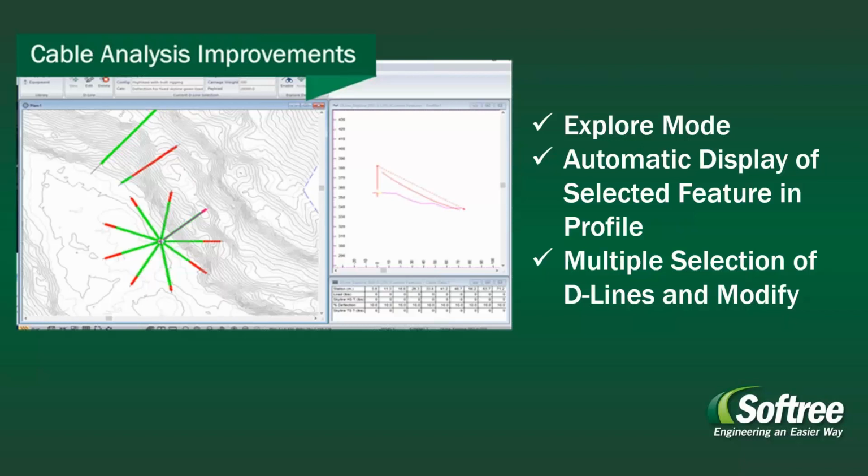With version 9 of Train Tools Forestry, we are working hard enough to see 3 big improvements that Dave will be covering today, which is the Explore mode, the automatic display of the selected feature in the profile, as well as the selection and modification of multiple deflection D-lines.